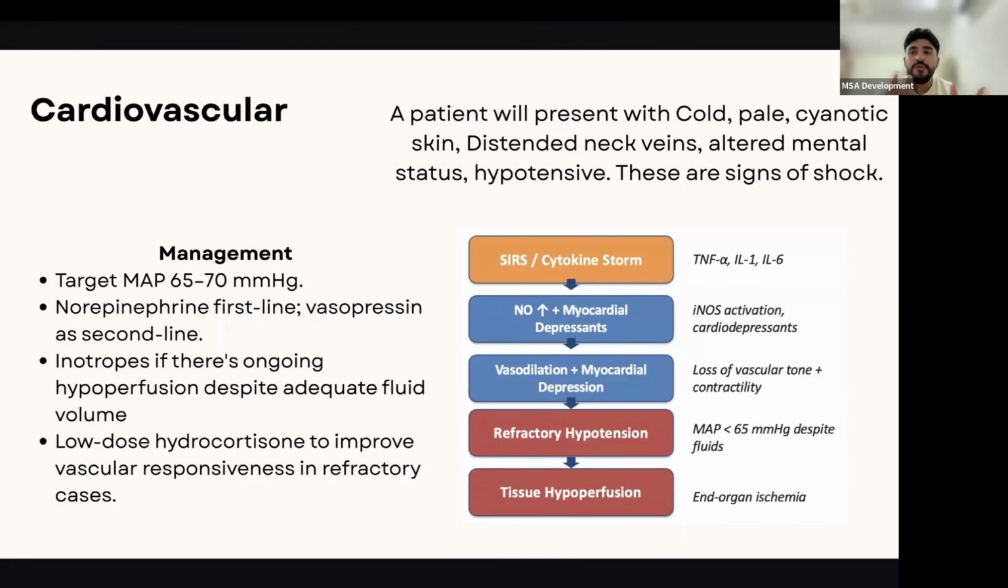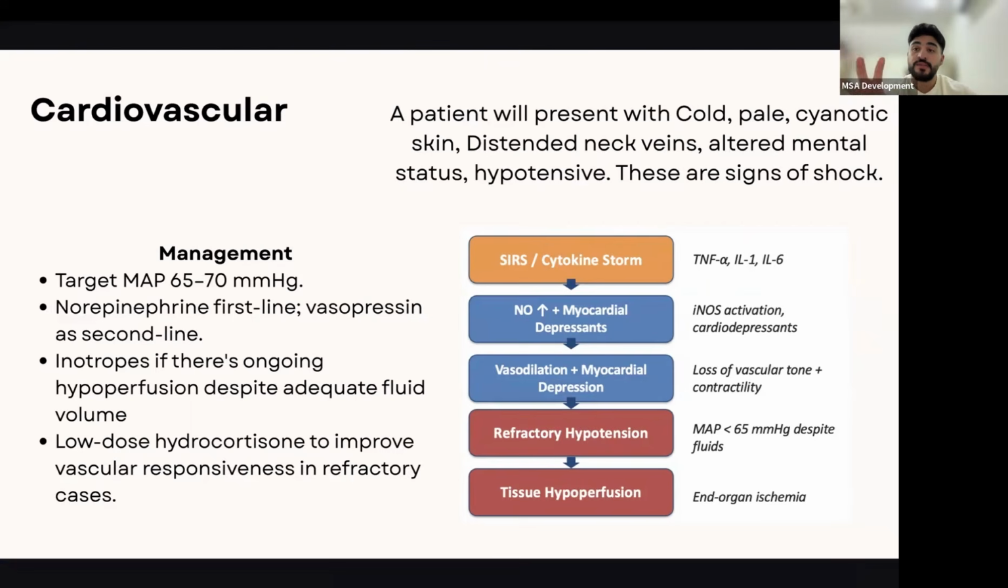Okay. So first of all, cardiovascular. So let's say a patient who's having a cardiogenic shock. They're going to present with cold, pale, cyanotic skin, distended neck veins, altered mental status, hypotension, shock. Why? Because first of all, systemic inflammatory response, they're going to have the cytokine storm, usually when it's inflammation. These are the 3 ones that you need to remember: TNF alpha, interleukin 1, interleukin 6.